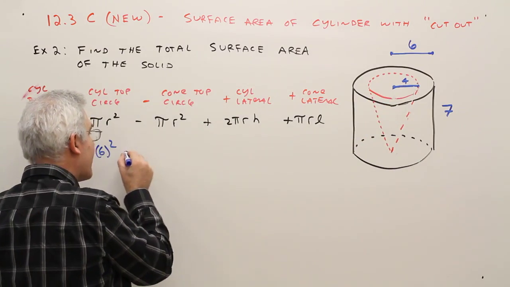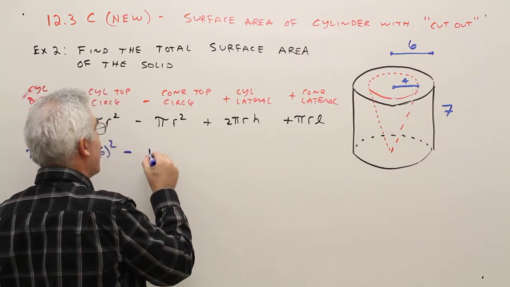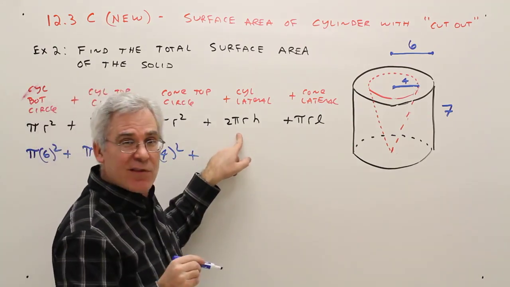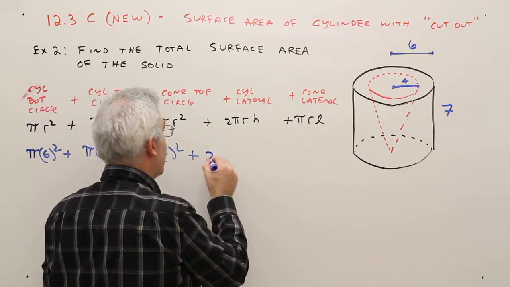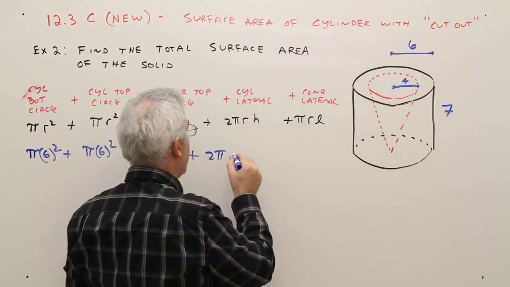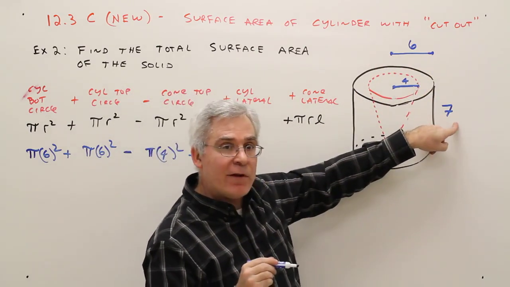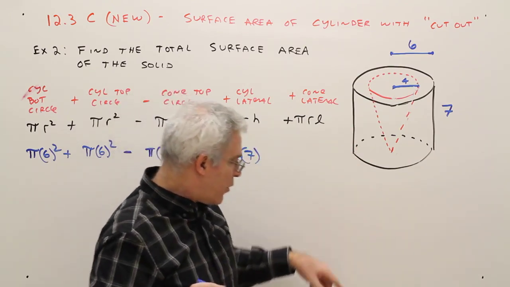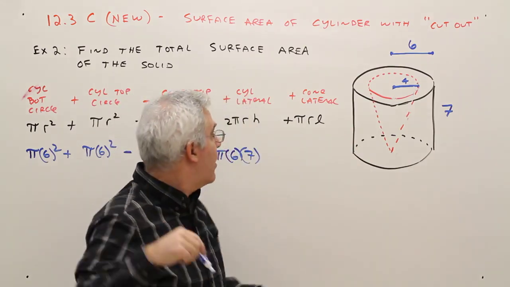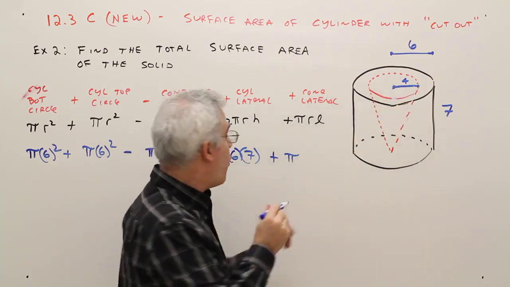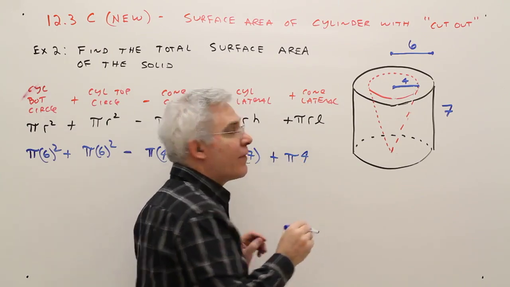So minus, I want to emphasize minus, pi 4 squared, plus the cylinder lateral, 2 pi 6 is the radius, 7 is the height, plus the cone lateral, pi, the radius is 4, the lateral.